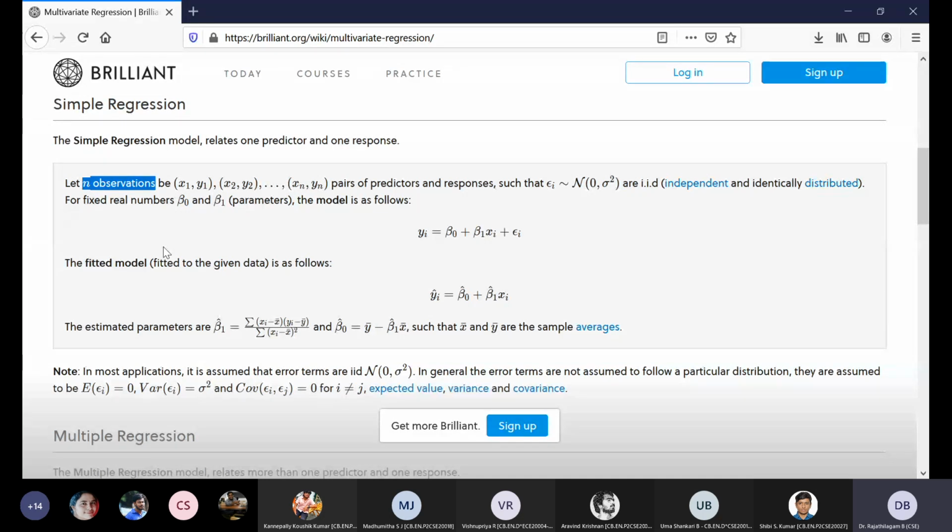For example, if a 20-year-old has a glucose level of 100, and a 50-year-old has a glucose level of 120, somebody in between, a 35-year-old, may have a glucose level between 100 and 120.